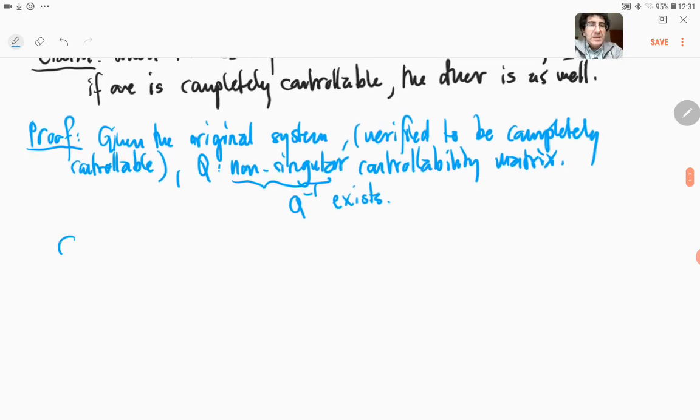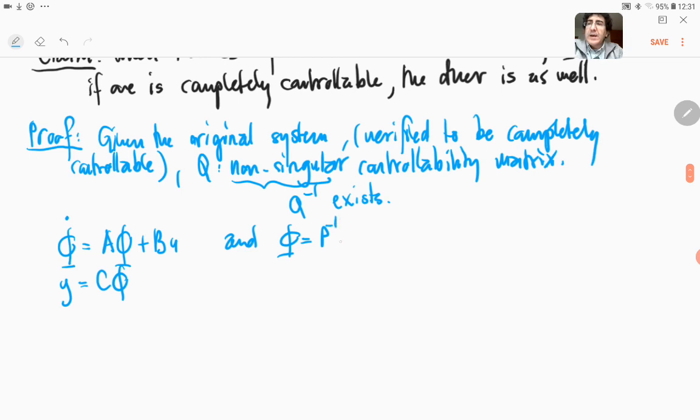Now, let's say this system is written as phi dot equals A phi plus Bu and y is equal to C times phi, and we are given this transformation of the state where phi is equal to P to the power minus 1 x. We have obviously x is equal to P times phi.